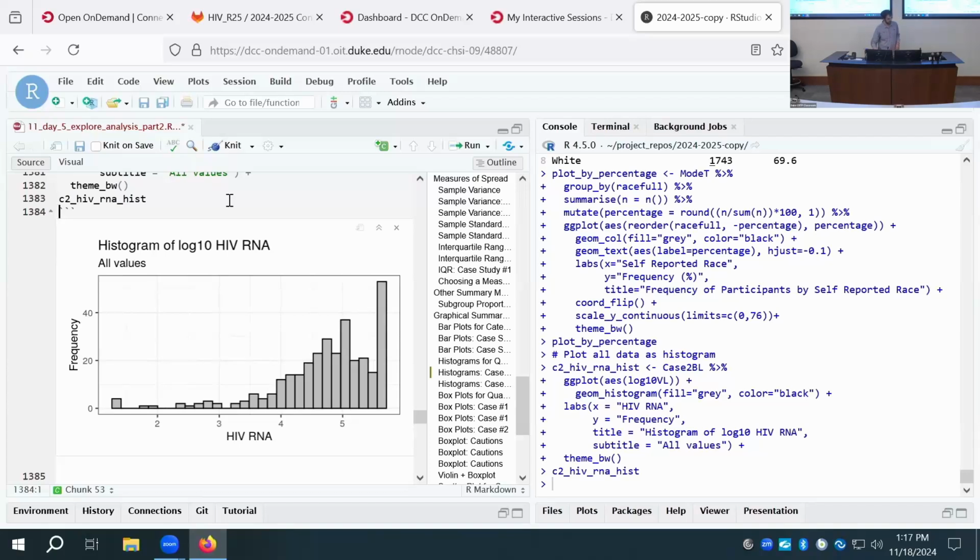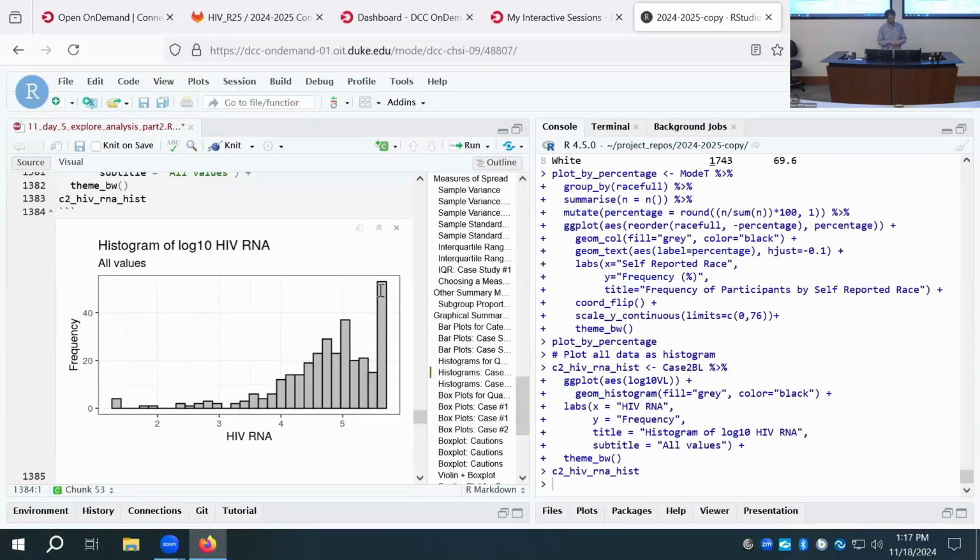It looks a little skewed, right? Seems to have a left tail. I'm curious about this. The mass of people are all the way at the end. Is that some kind of boundary issue with regard to the machine itself not being able to measure past whatever 10 to the 5th is for a viral load? So there are some things that are popping out.